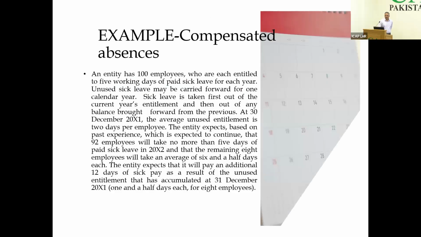Okay, we have an example of compensated absences. As we said, these can be in the form of extra leaves, or in the form of cash payment. Here is an example of extra leaves. You will forecast how many employees will get extra leave in the next year, and the provision is restricted to the estimated number of employees who are going to get extra leaves in the next year.